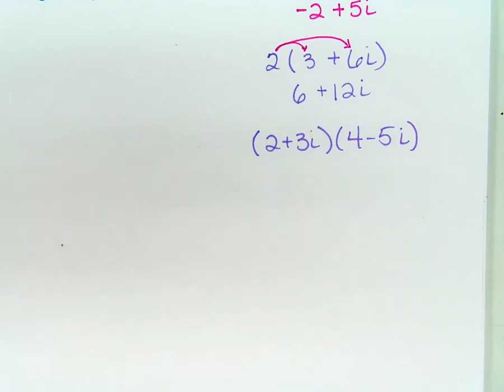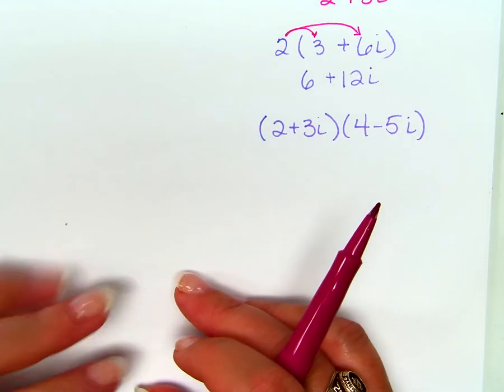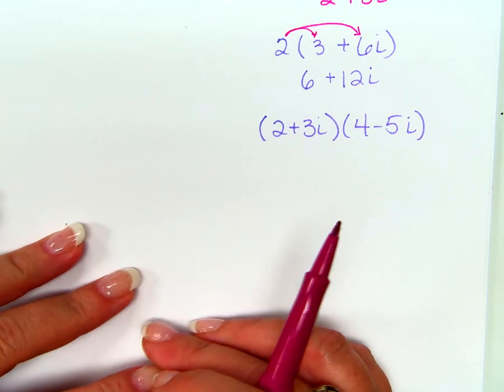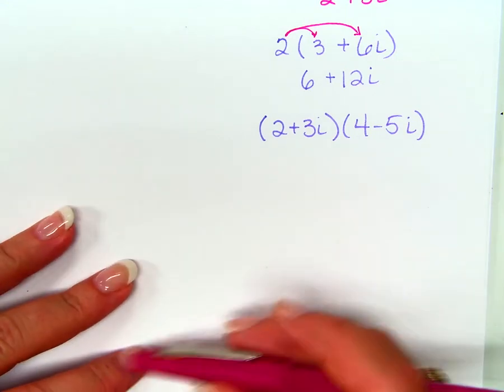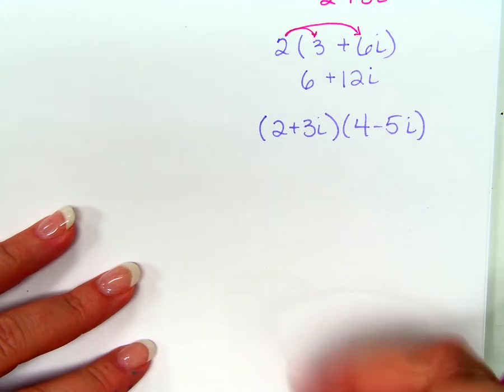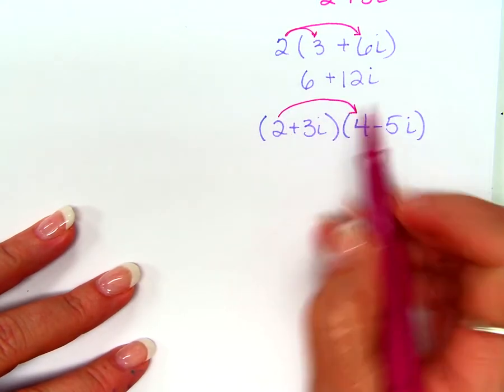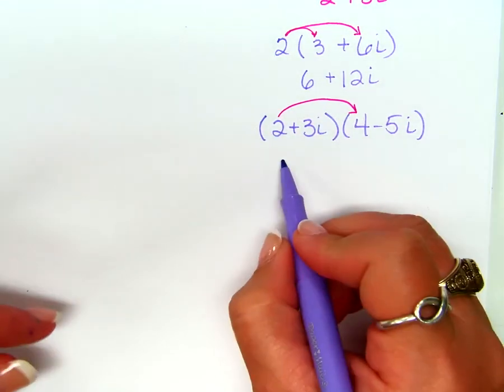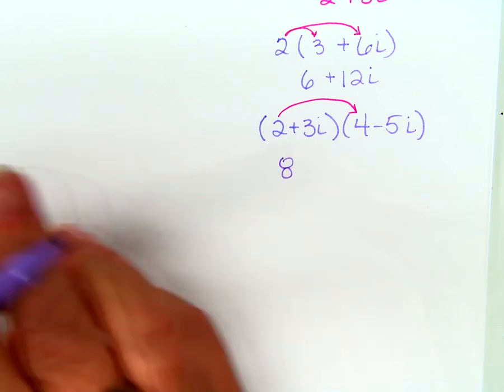Right. Okay. What kind of mathematical property are we going to use here? Foil. So like this, no, foil's not a mathematical property. It's what they tell you in junior high so you don't forget it. Thank you. Distributive property. Here and here, which is 8.